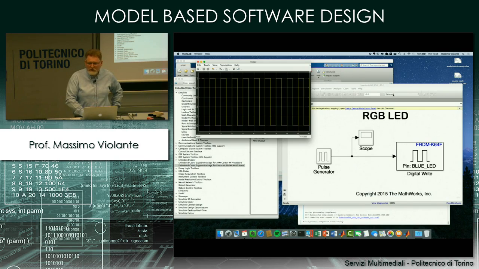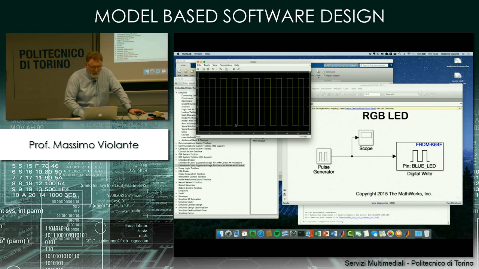But the concept is the same that we have seen on that chart. We have the code that has been deployed on the real hardware. The real hardware is executing the controller. In this case, it is a very simple pulse generator. And then the output of the pulse generator from the board is provided to Simulink that is able to display this.